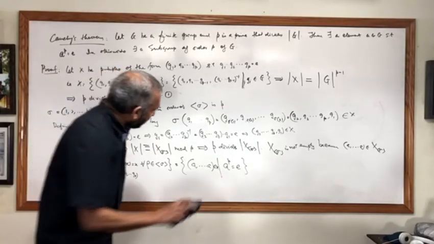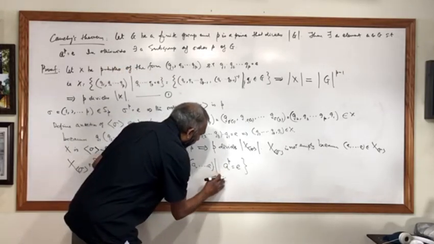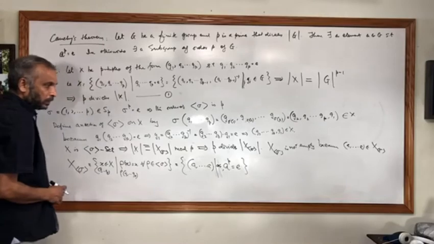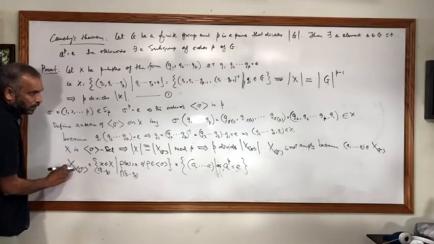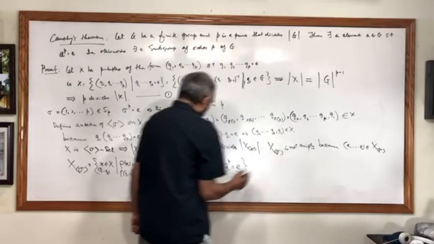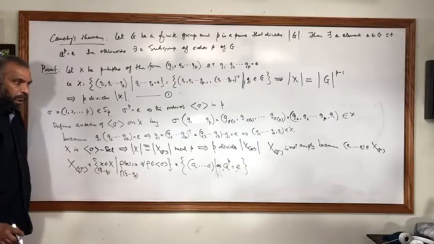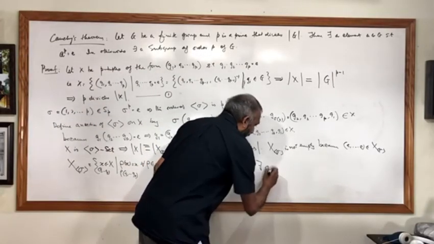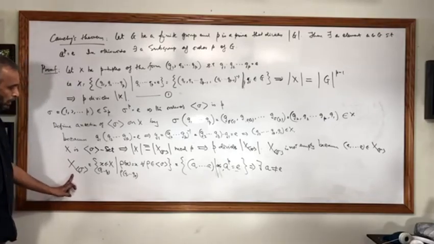Well, we don't want to write it like this. This is the way it should be, where a belongs to G and a to the power of P is equal to E. This condition guarantees that this element is in X, because every element of this subgroup should fix X. So that means there exists an element a different from E, because P divides the order of this set.